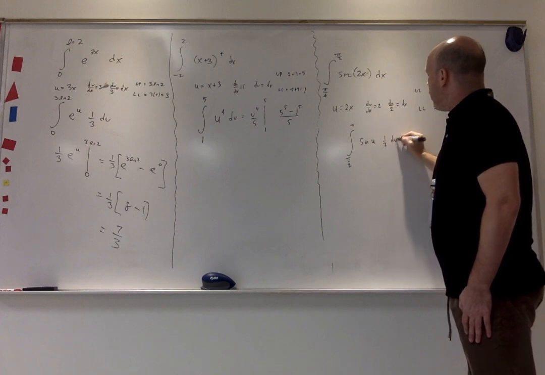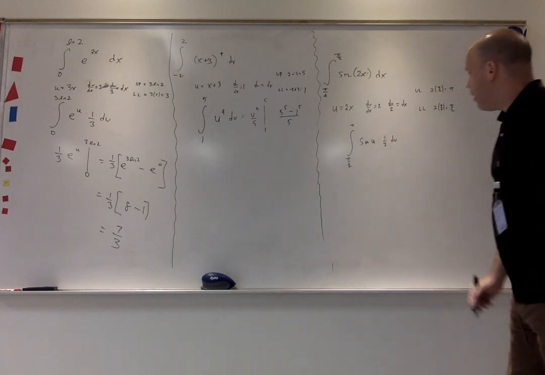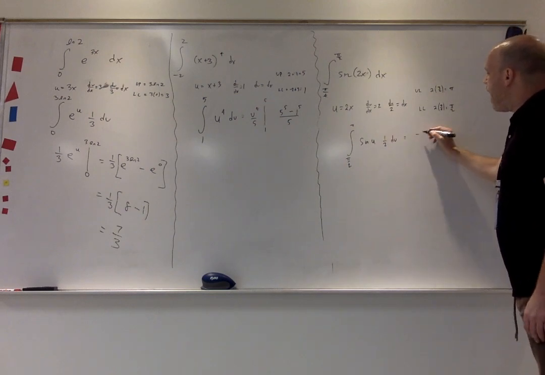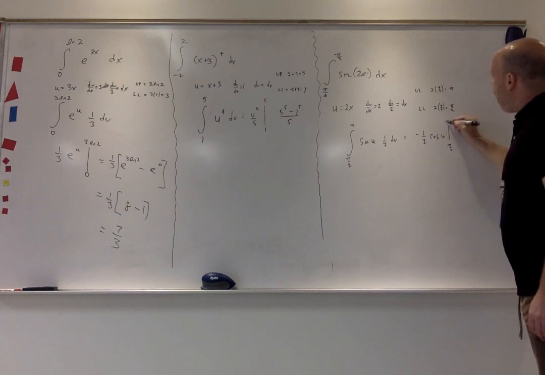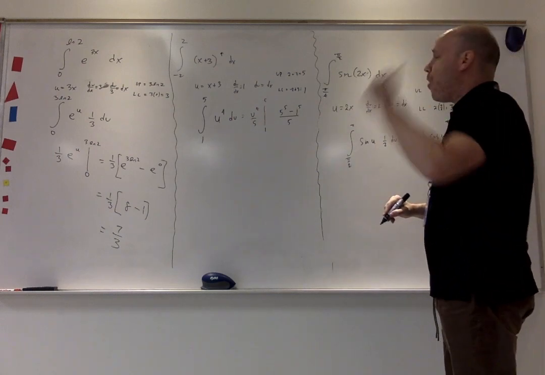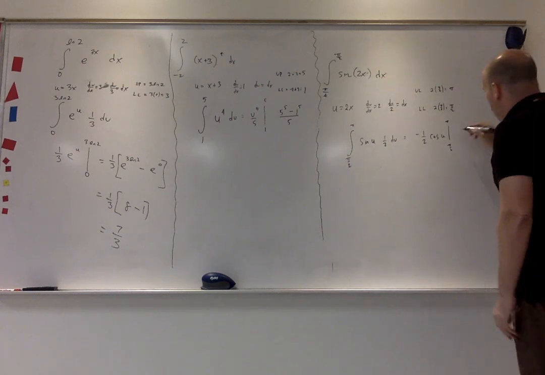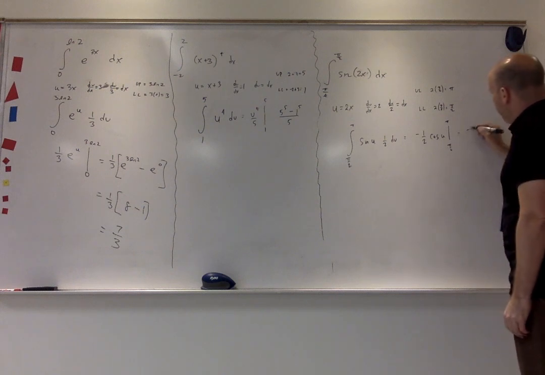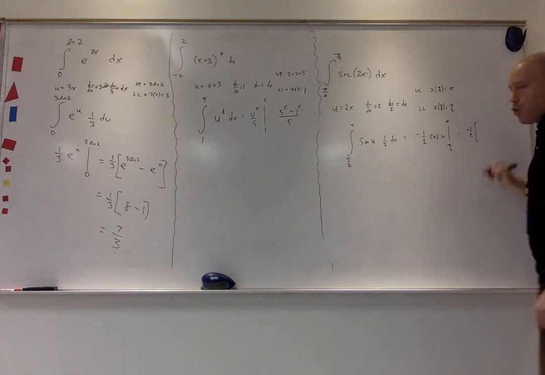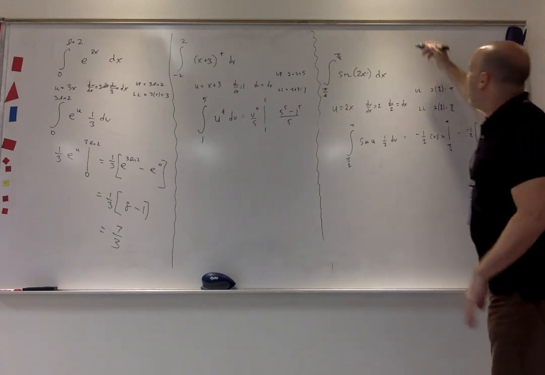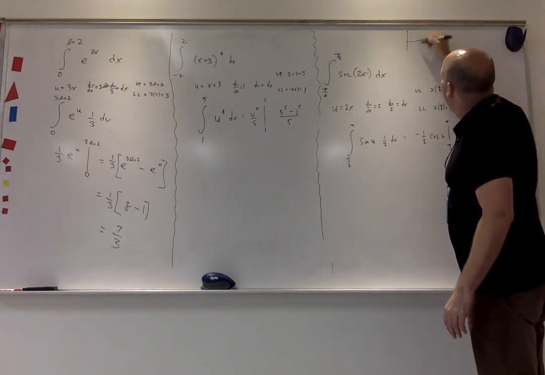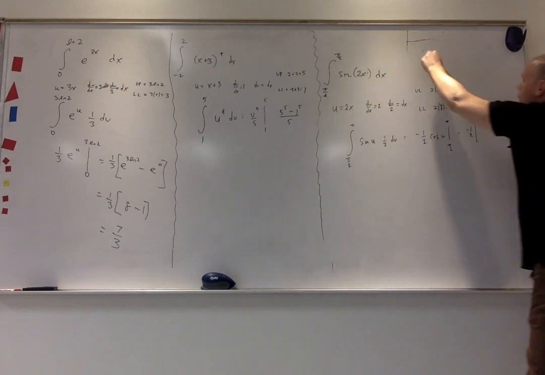1/2 du. Okay, well, we know that this is -1/2 cosine of u from pi over 2 to pi, because sine goes back to negative cosine. I'm going to pull the -1/2 out.